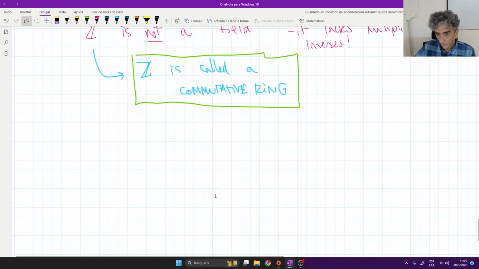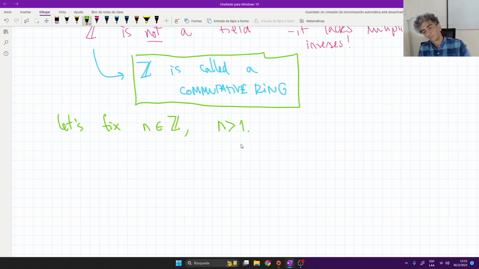Well, let's fix an element N in Z, say it's greater than 1, right?